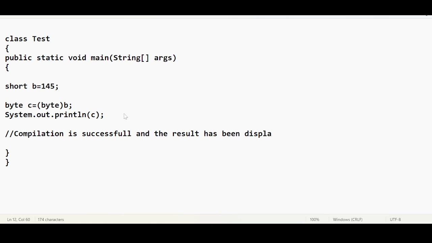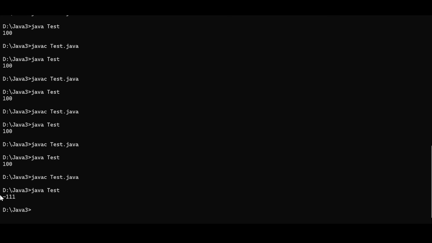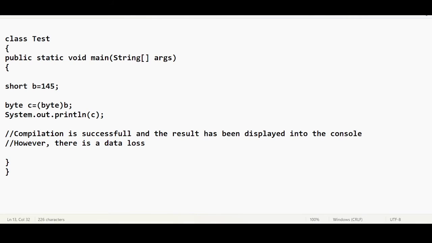Means execution is successful. But however, there is a data loss. Right? So the actual value is 145. When you do the downcasting, the data has been converted to a different value, minus 111. Minus 111 is not even close to the actual value 145. Yes or no? We got minus 111.